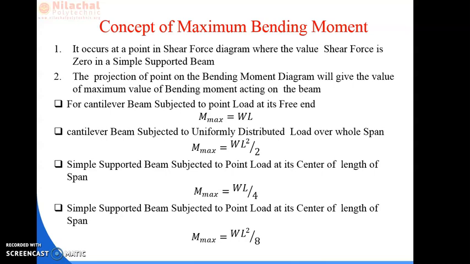If you are going to calculate the maximum bending moment for a cantilever beam, if it is a point load, then the maximum bending moment will be W times L. If it is a uniformly distributed load, the maximum bending moment is W L square by 2, where W is the UDL value and L is the length over which the UDL travels.